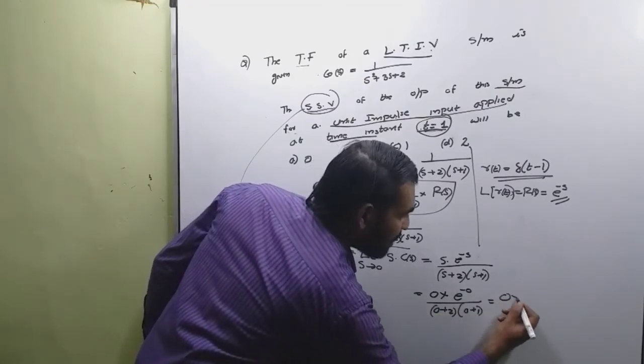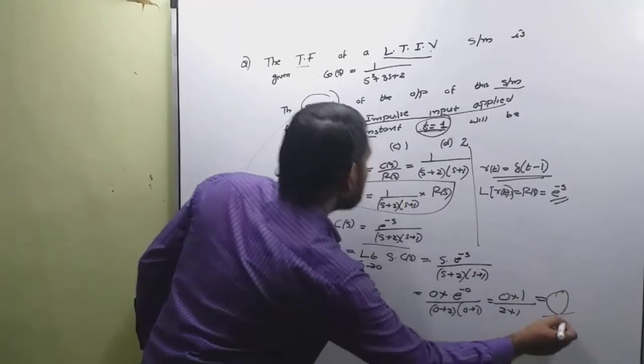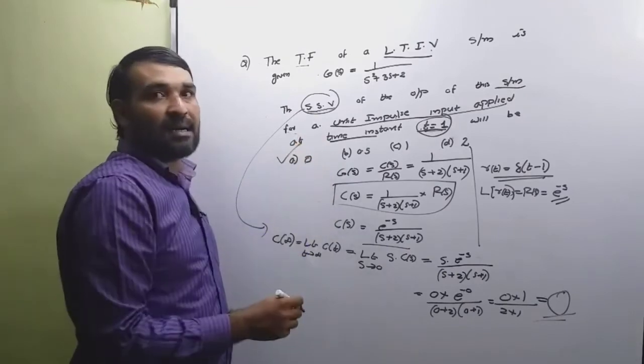That is equal to 0 times 1 divided by 2 times 1, which is equal to 0. So option A is the correct answer.